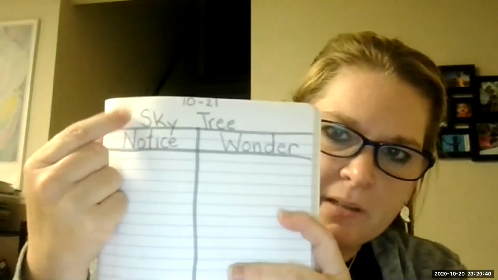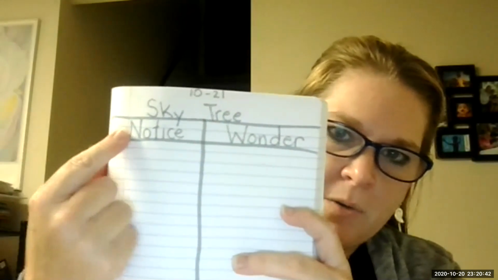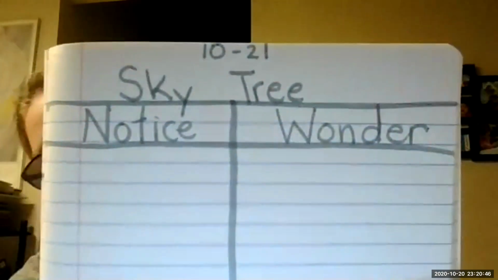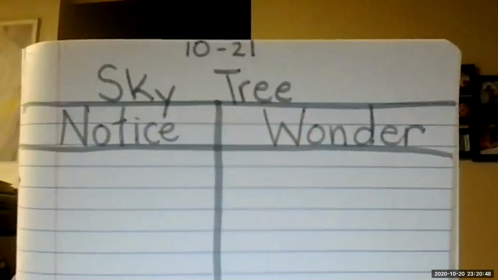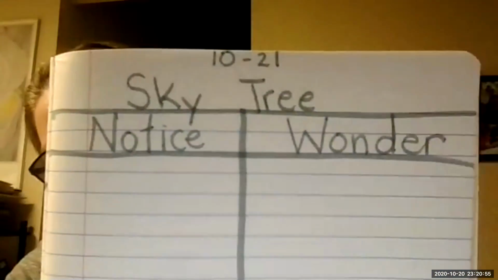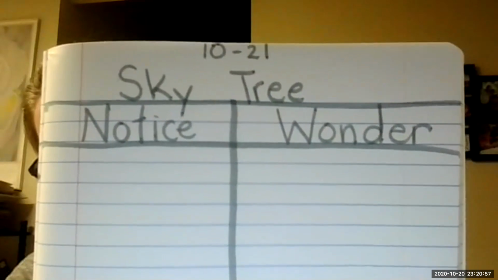The title of the book, SkyTree, and then you need to make Notice and Wonder. So if you need to pause the video so that you can get this copied down, that would be great. Make sure you're on page 37. And then you can push play when you are ready to continue.